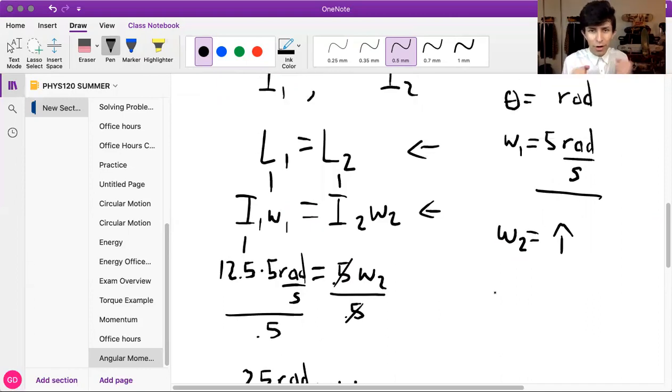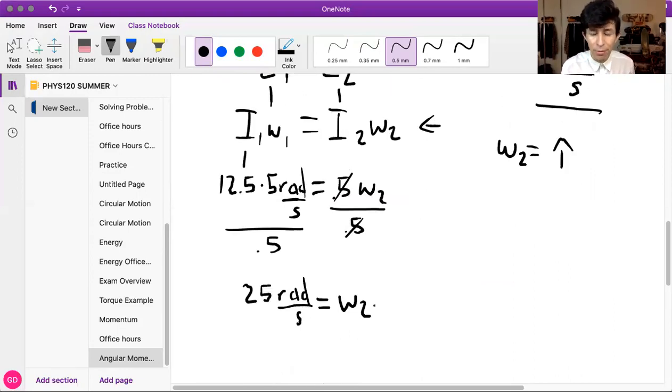By bringing your arms in, at least in this case, might have been an exaggeration, but the person was spinning 5 times faster when they brought everything together. And so this helps show that there's this new concept that can explain how you can change your angular velocity without having an external force on there.